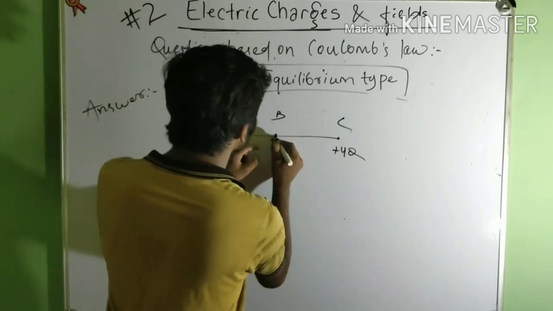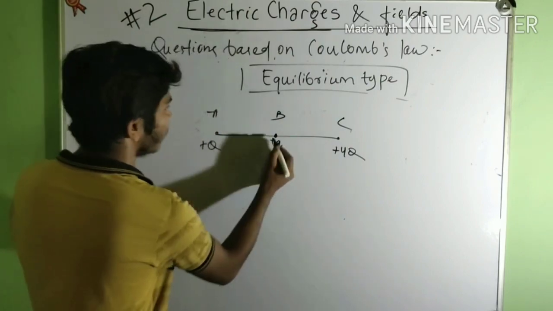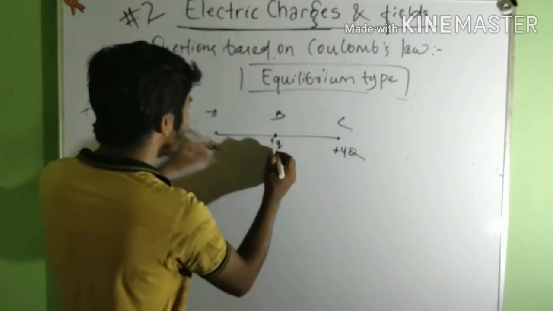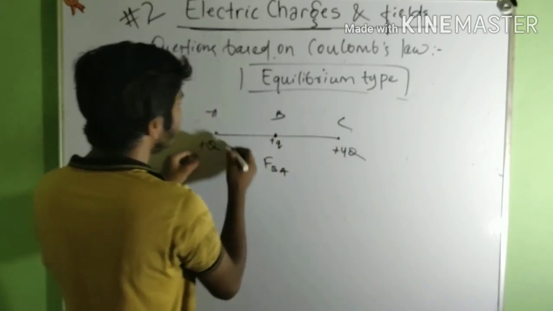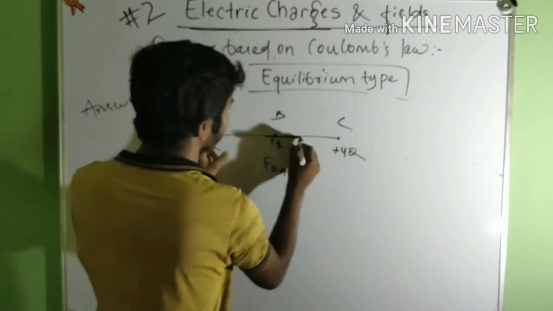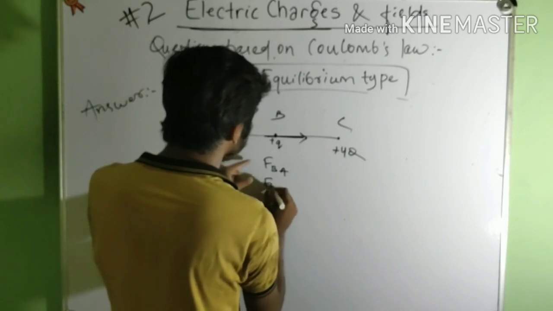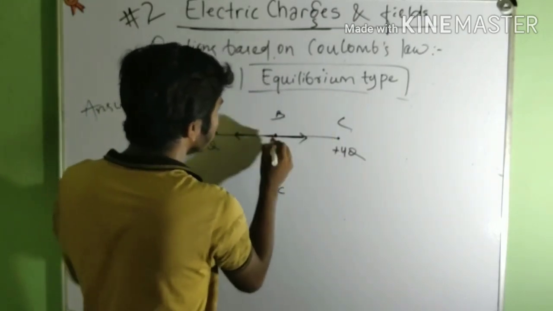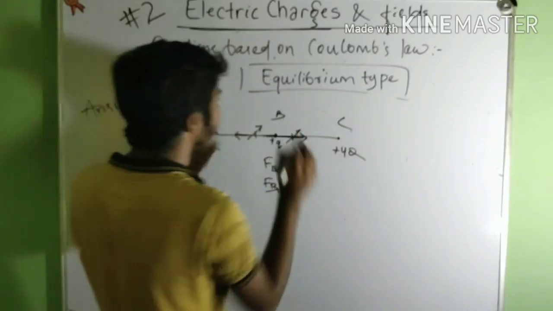We shall consider the force exerted on the charge at B. Force on B due to A will be in which direction? This direction. And force on B due to C will be in which direction? This direction. So that they can cancel each other and the system will be in equilibrium.